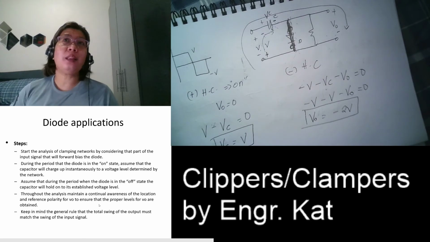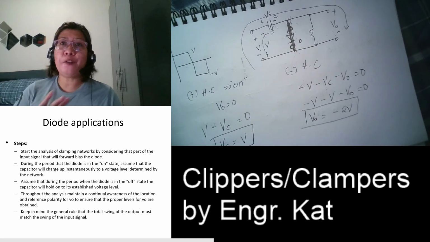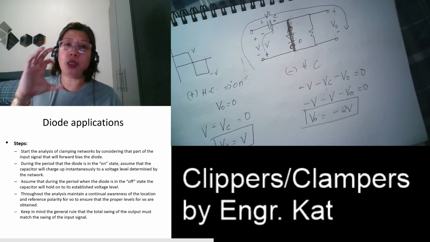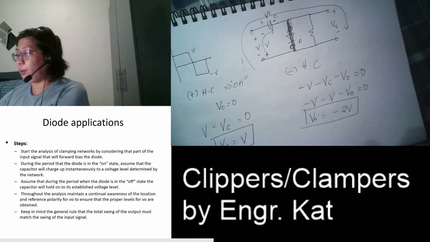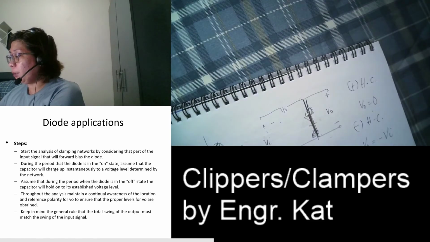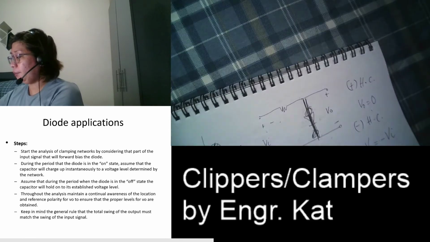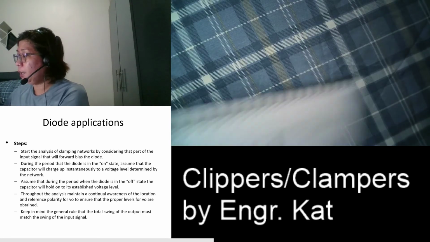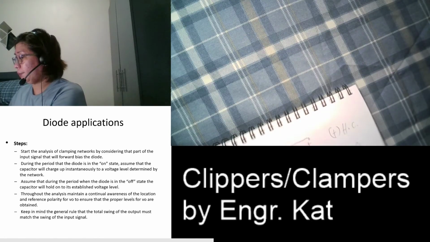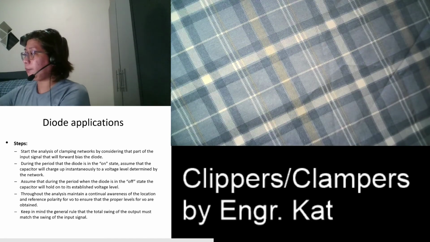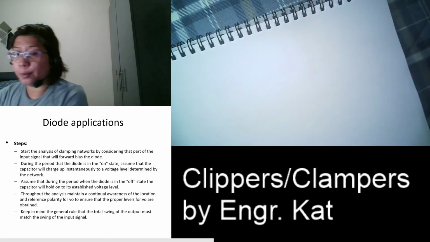Remember, we're not clippers. So the total swing, the peak to peak of the input, must be equal to the peak to peak of your output. So this is our input.